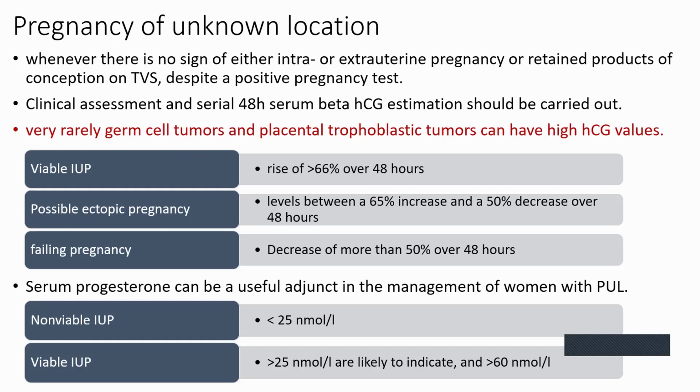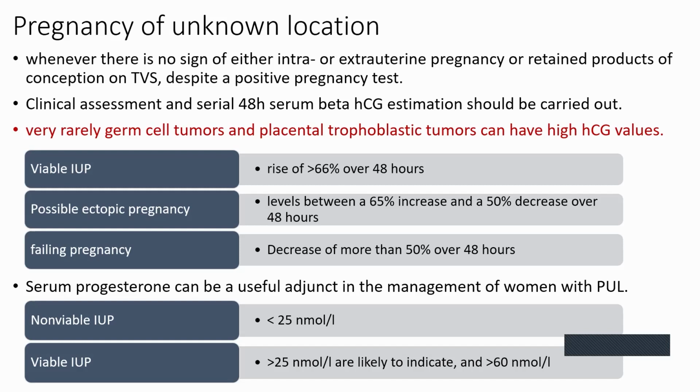And as a rule of thumb, when the beta HCG level is more than 1500, we should be able to see something using the transvaginal ultrasound scan. And when it is more than 3000, that pregnancy should be visualized even using a transabdominal scan. And sometimes we can use progesterone to confirm a viable pregnancy in the state of pregnancy of unknown location, or the PUL.